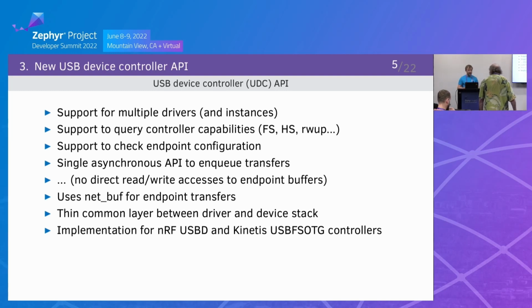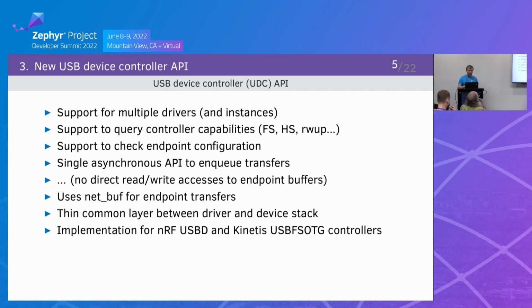I have an implementation for the Nordic nRF USBD controller, which is full speed and can be found on Nordic devices like the nRF52840 or 5340. And I have a working implementation for the Kinetis USBIP OTG controller, which is a different one.